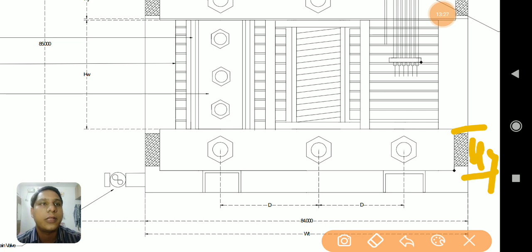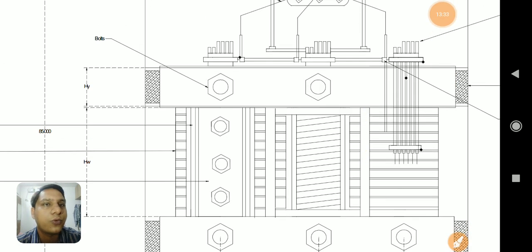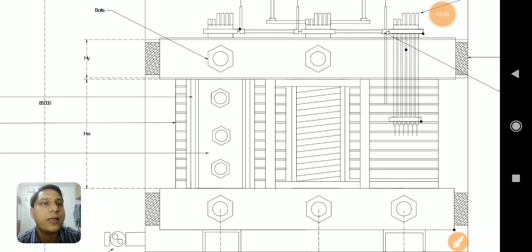After HY, the height of window, and another HY. So the height of two yokes plus the height of window, that total becomes the height of frame, and that becomes H, capital H, which is one of the main dimensions of the transformer.